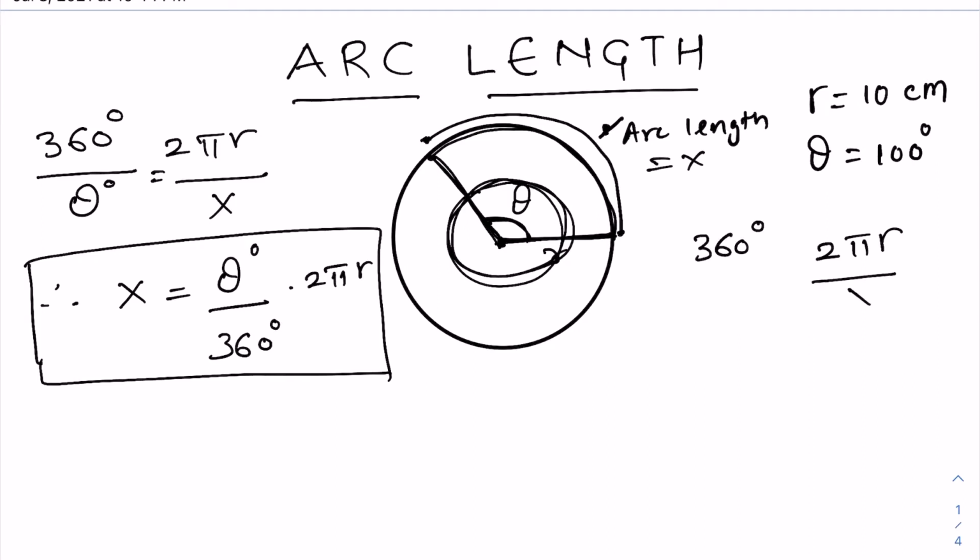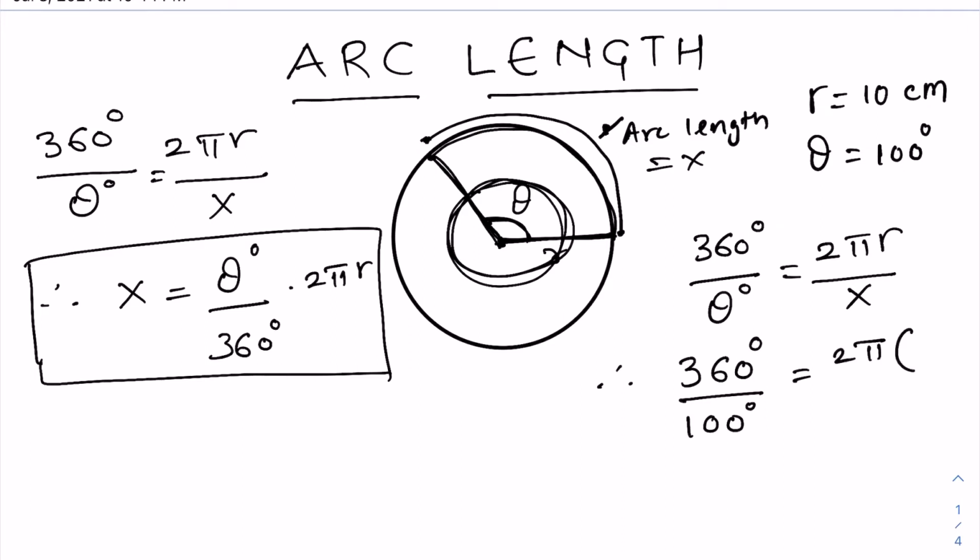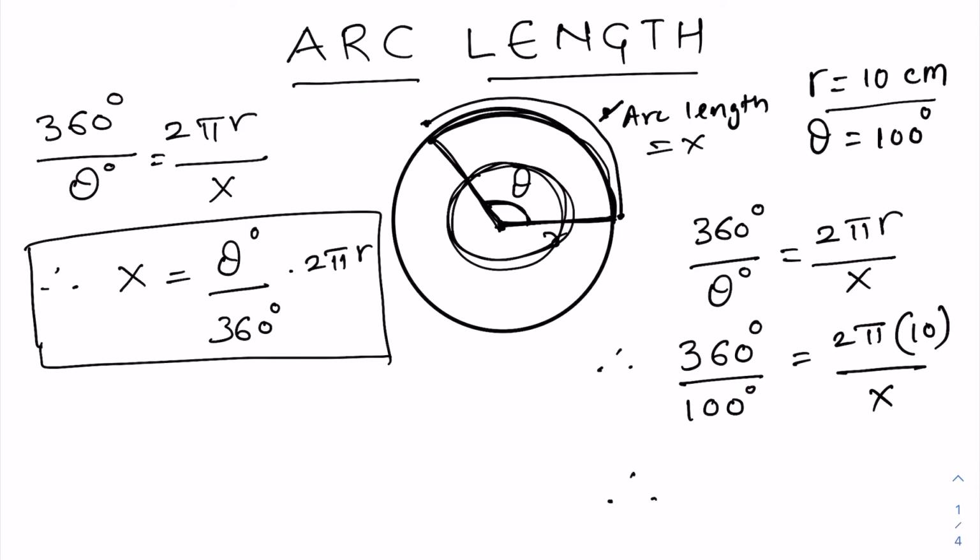So what will be my arc length, which is x, when the central angle is theta degrees? Therefore we can just do the substitution: 360 degrees divided by 100 degrees is equal to 2 pi times r, which is 10 centimeters, divided by x. And when we solve for x, we get the answer as 17.4 recurring centimeters.